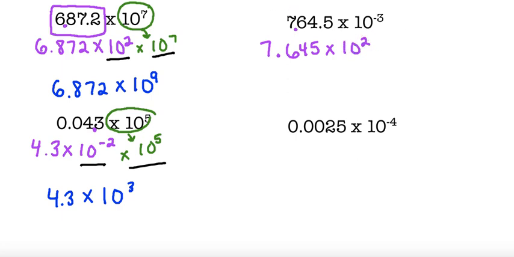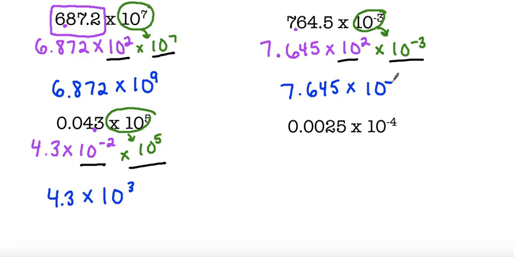And then here I'm going to bring down our 10 to the power of -3. So I'm going to combine these two. So I end up with 7 645 thousandths times 10 to the power of -1.